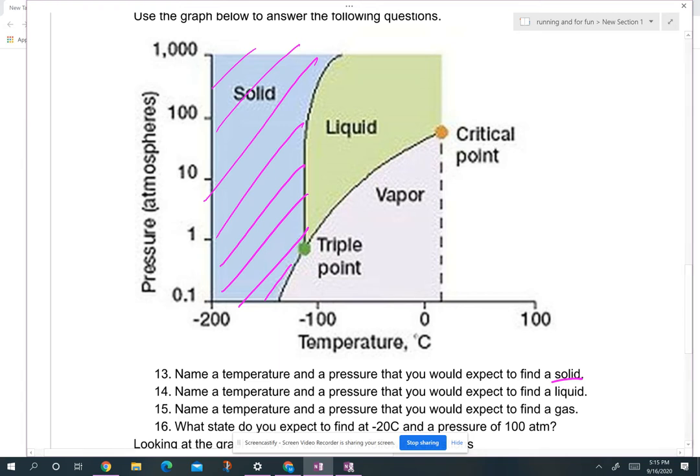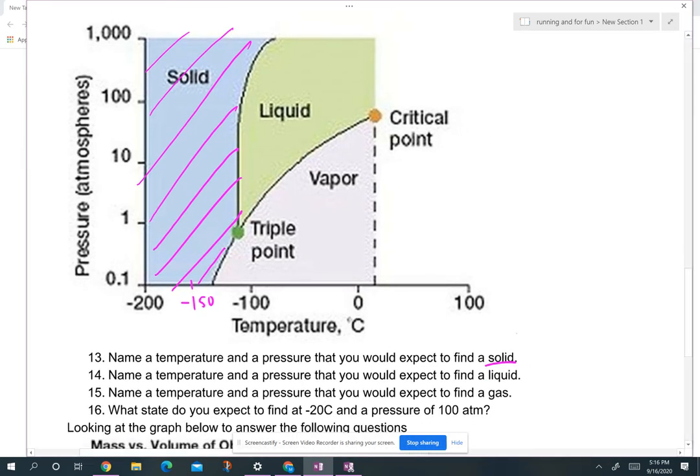So if I wanted to, I'm going to go negative 150, and I can pretty much pick anywhere along negative 150 and I would get a solid. So I can say negative 150 degrees Celsius and let's just say 1 atm. I would find a solid.